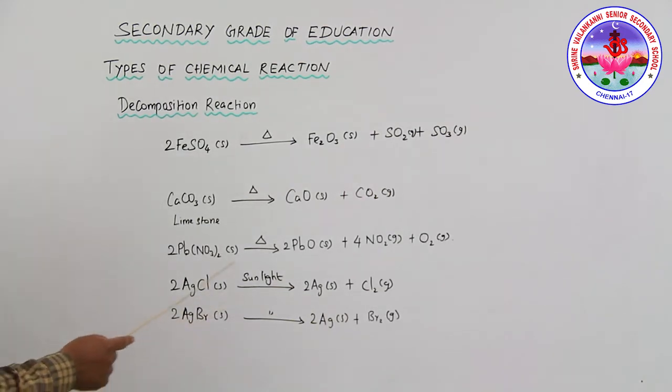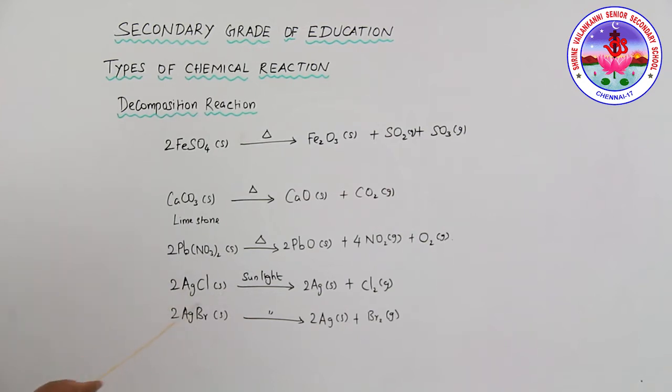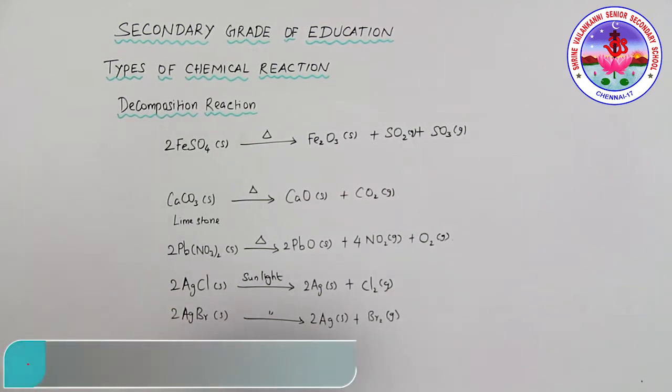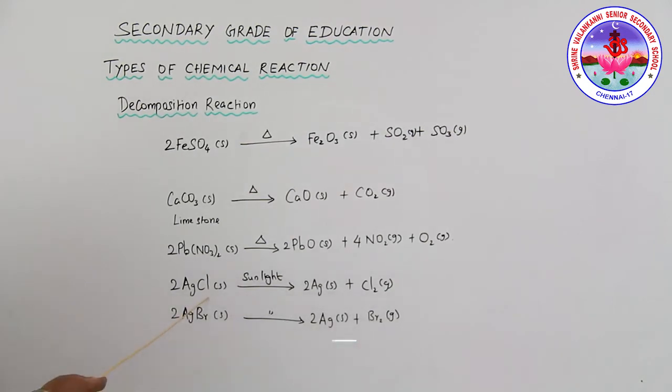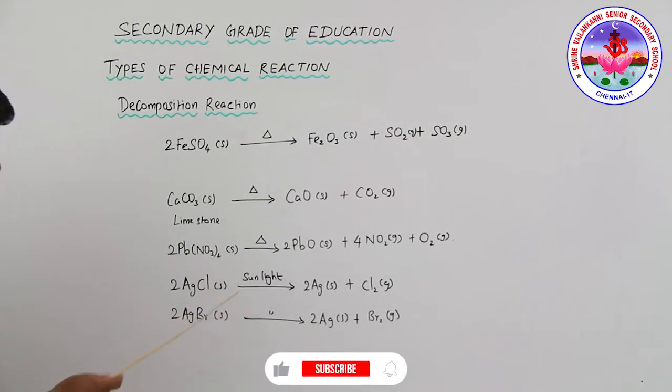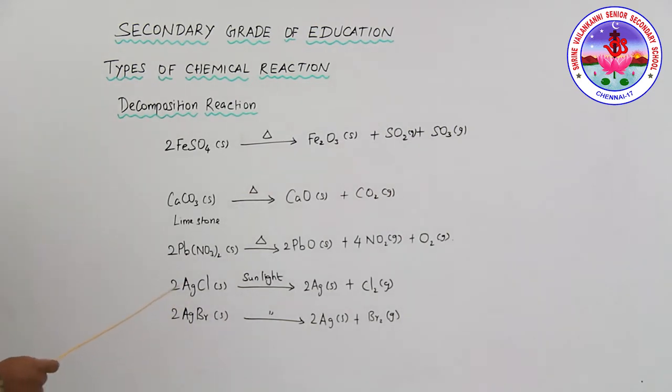Here the very important point is that you have to keep the silver chloride, silver bromide, or silver nitrate, whatever it is, only in a dark bottle, because in the presence of sunlight it will decompose. Also these chemicals are very expensive, so we use them very carefully, so that we can get the clear substance, that is the silver chloride. You have to keep it only in a dark bottle. So these are called decomposition reactions.